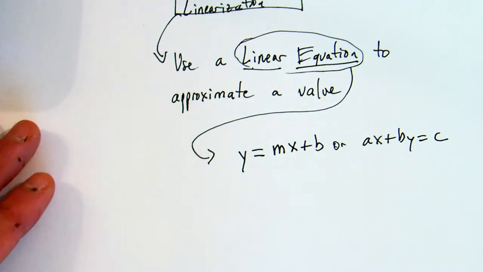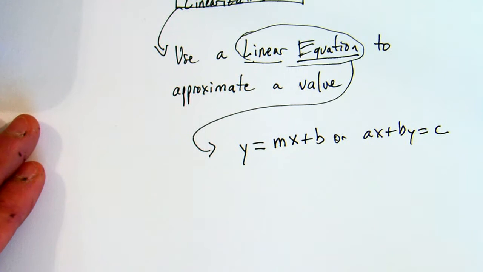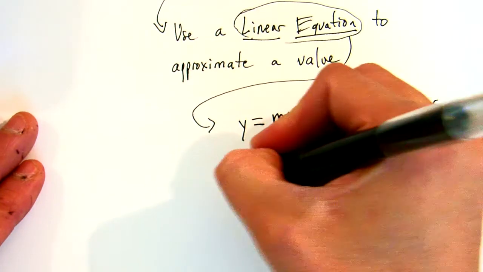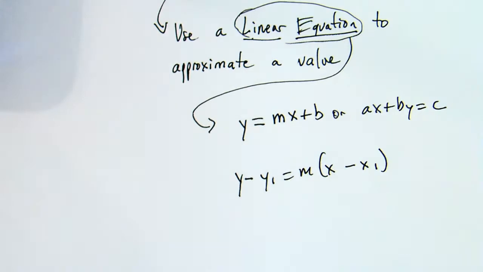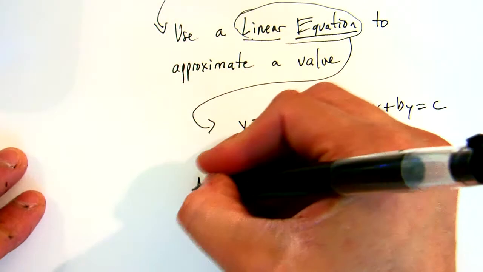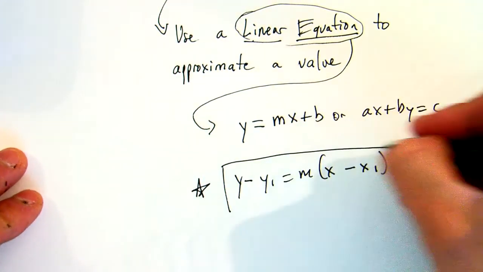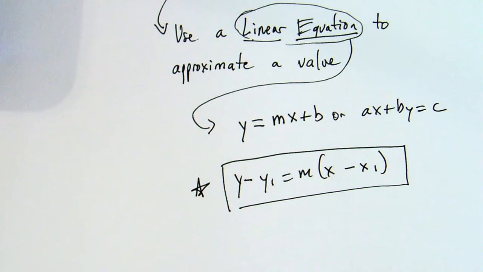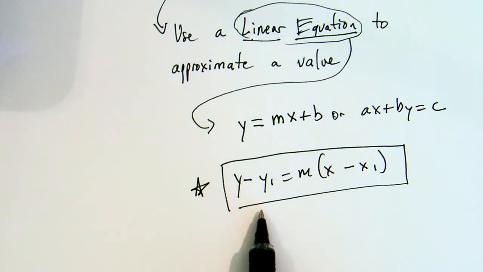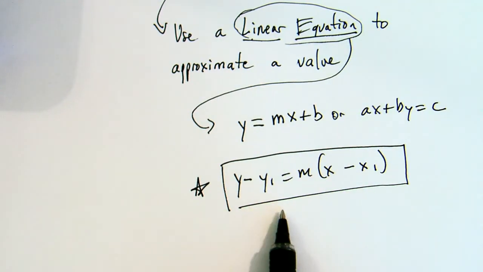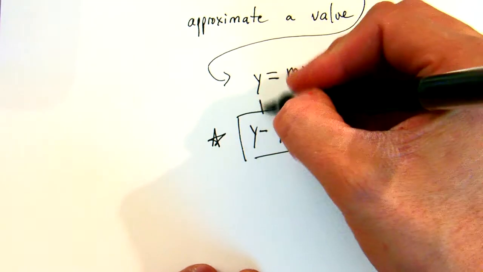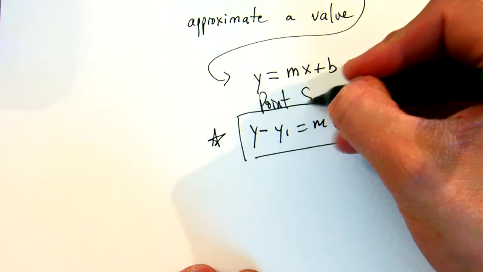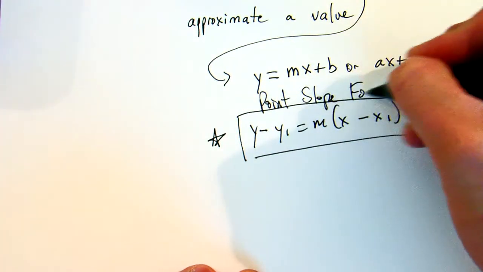And if you remember, the point-slope formula was which one? y minus y1 equals m times x minus x1. Okay, so we are going to use this one because we are familiar with it. We're going to connect prior knowledge to this linear equation, and this is called, remember, point-slope form.